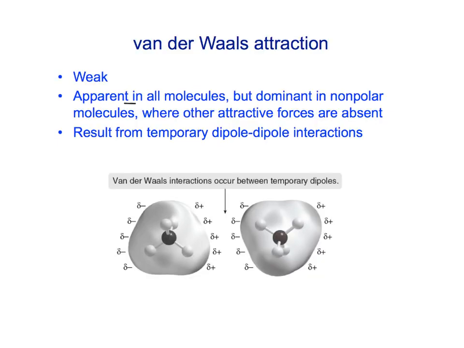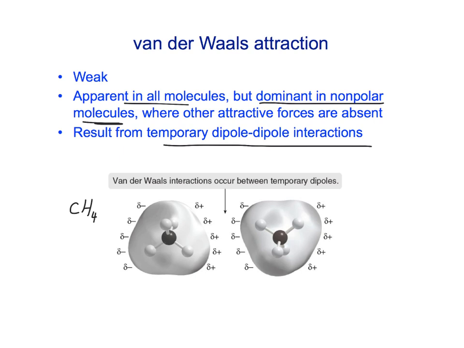They are apparent in all molecules, but they're really the only dominant type of intermolecular force in non-polar molecules where other attractive forces are absent. Van der Waals attractions result from temporary dipole interaction. So let's take a molecule like methane, CH4.